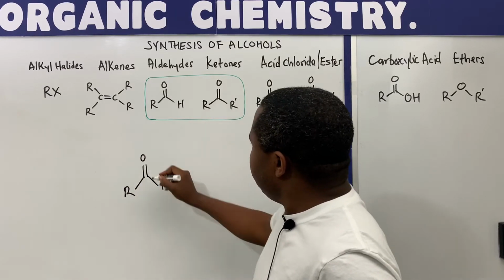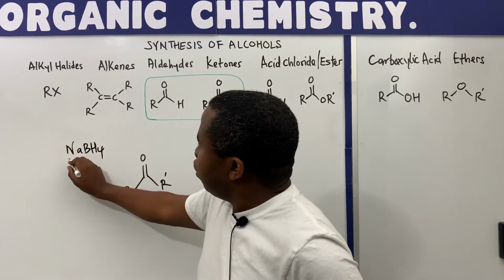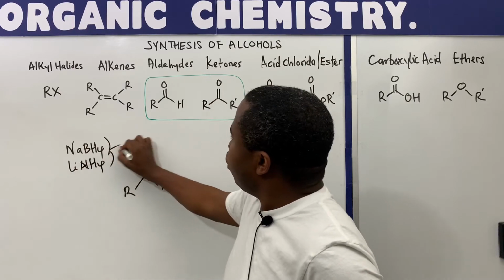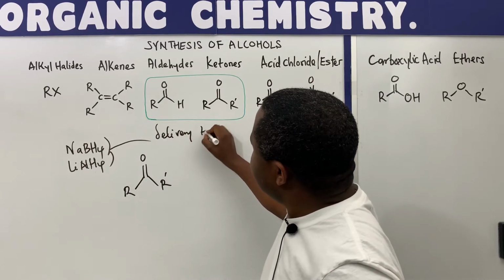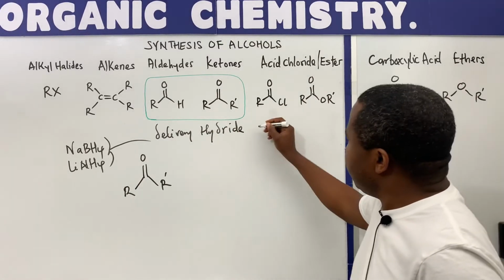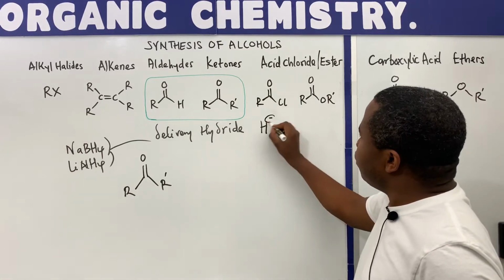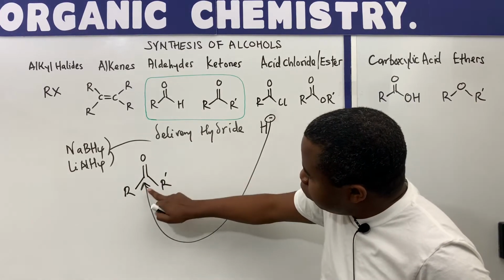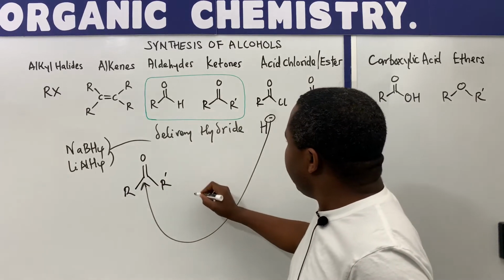So basically, either the sodium borohydride or the lithium aluminium hydride, what they are doing is that they are delivering hydride into the reaction. This is hydride here. So the hydride is basically going to attack the carbonyl compound, the carbonyl functional group.